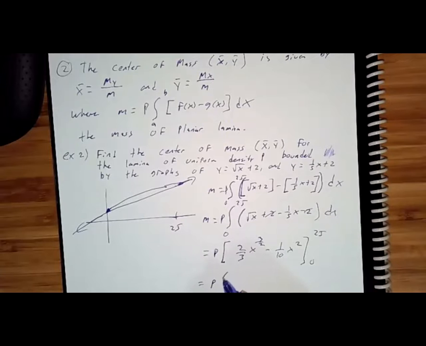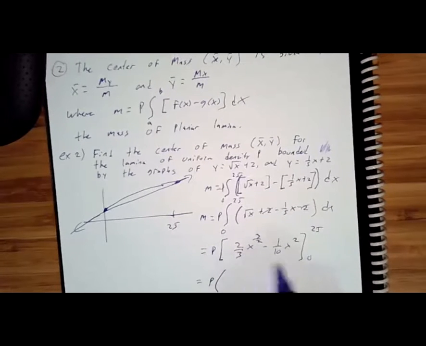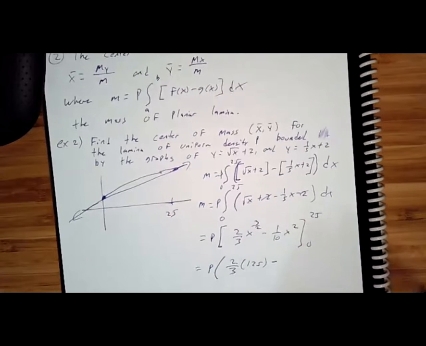So p times, the square root of 25 is 5. 5 cubed is 125. So 2/3 times 125 minus, what's 25 squared? I don't know what that is.